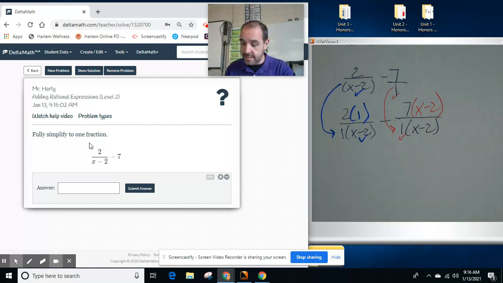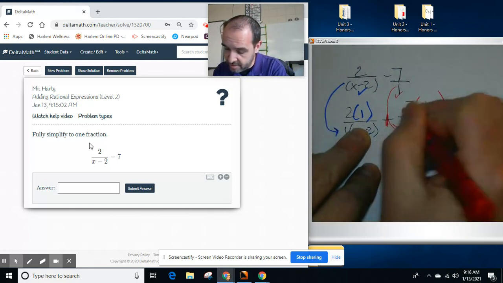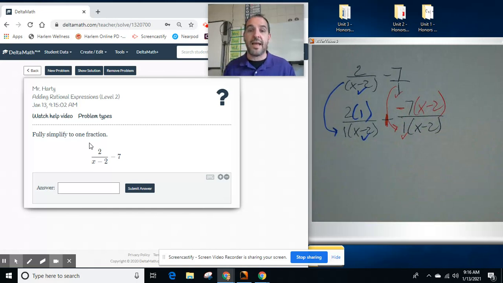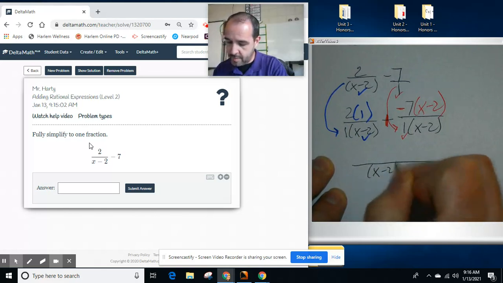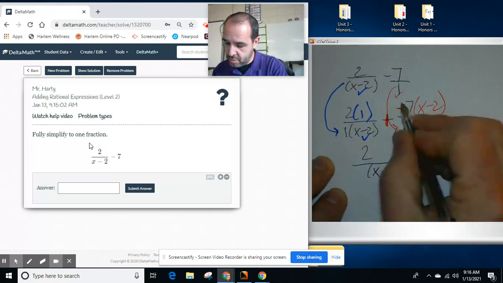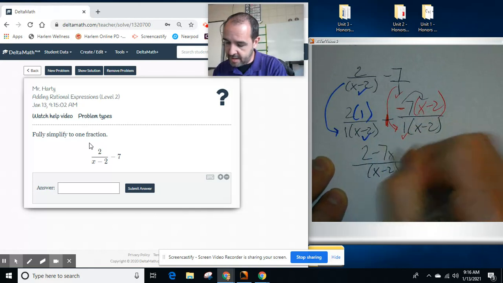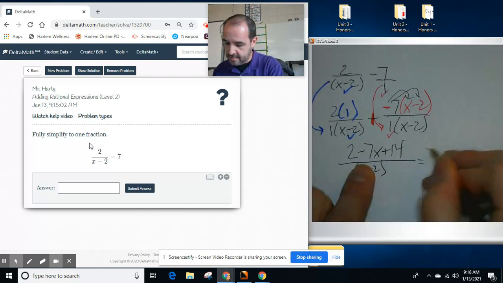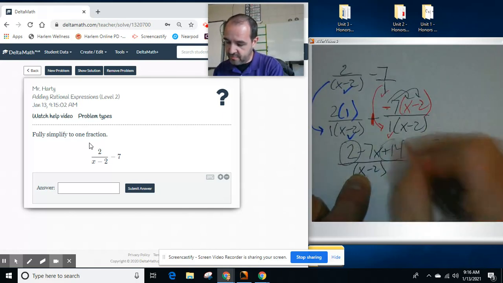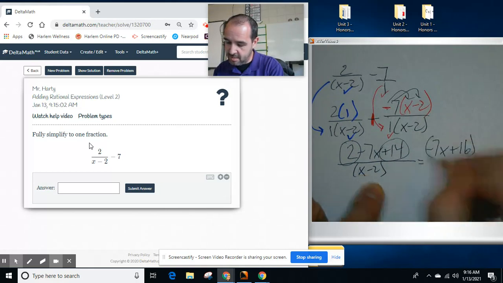And since it's minus, I need to change this, so I remember to distribute the negative all the way through. So at this point, 2 minus 7x, negative times negative is plus 14. So negative 7x, 2 plus 14 is 16.